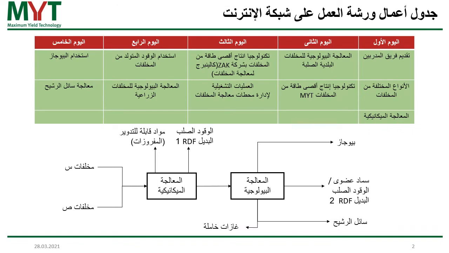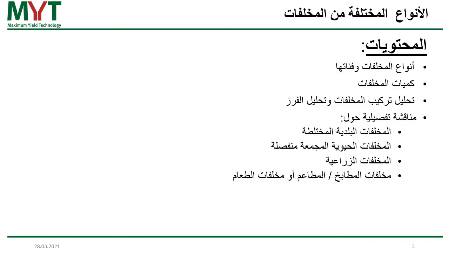Here in this slide we just show you what is the content of the entire workshop, and as you see we will focus on the different types of waste because you need to know your waste before you can design your waste treatment facility. The content of the workshop today is we will see how waste can be put into different categories and what kind of waste types we came up with here in Germany.